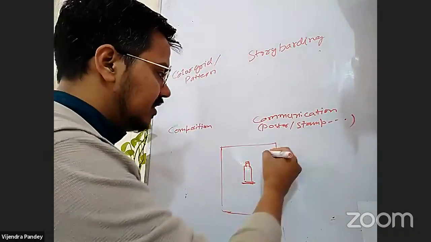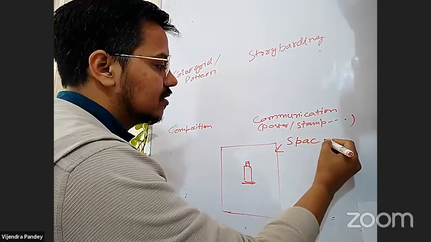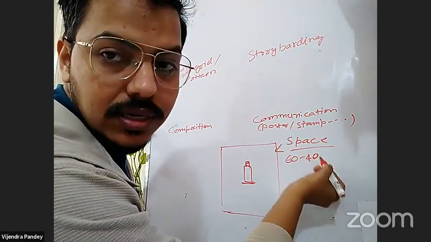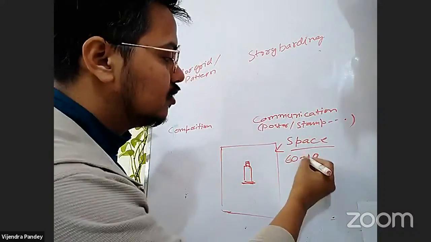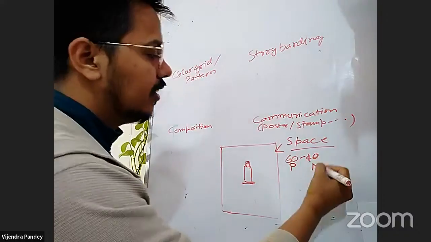Again, it is the first idea we talk about: management of the space. If you're going for a minimalistic approach, 60:40, 60 positive, 40 negative.